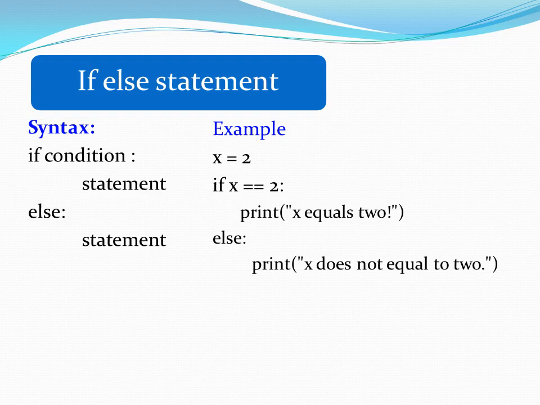Here if both of the values are the same, then the result that x equals 2 will be printed, and if the value of x is not 2, for example we have assigned a value to x that is 3 or 4, then the else statement will be printed that x does not equal 2. So we can also execute statements when the conditions are false.